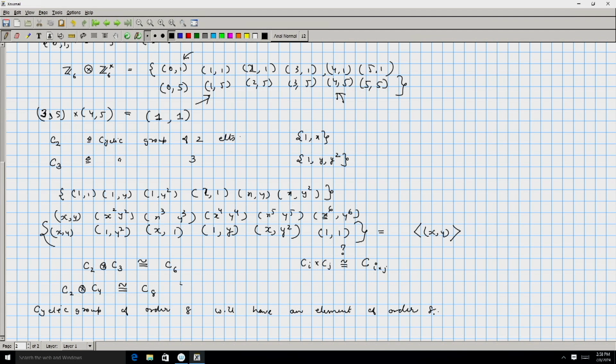There is going to be one element which generates the entire thing, whereas if you take any element in C2 times C4, let us call that alpha comma beta.